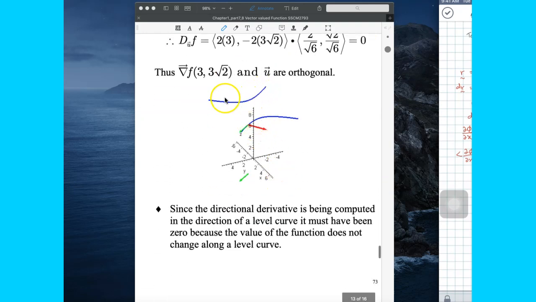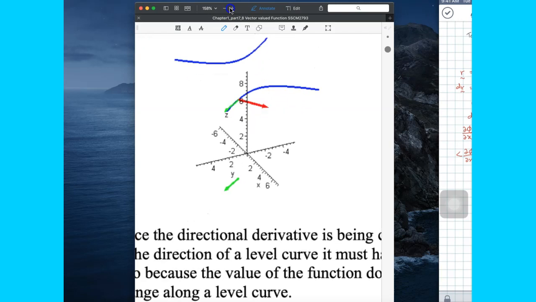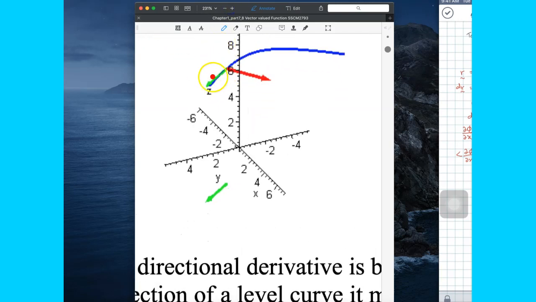This is your level curves. Level curves are part of the surface, and your tangent here is in green color, and the gradient is given by the red one.